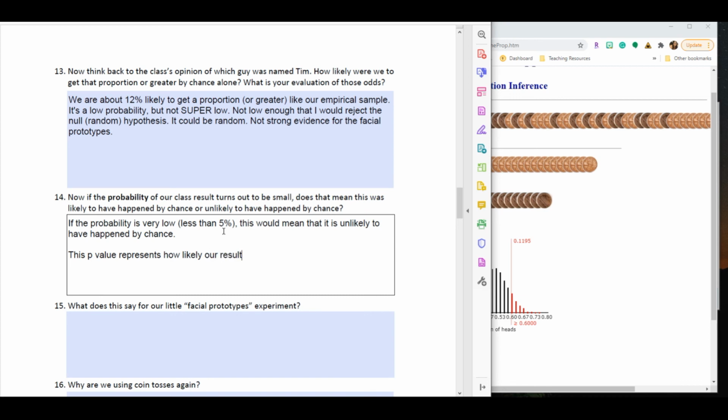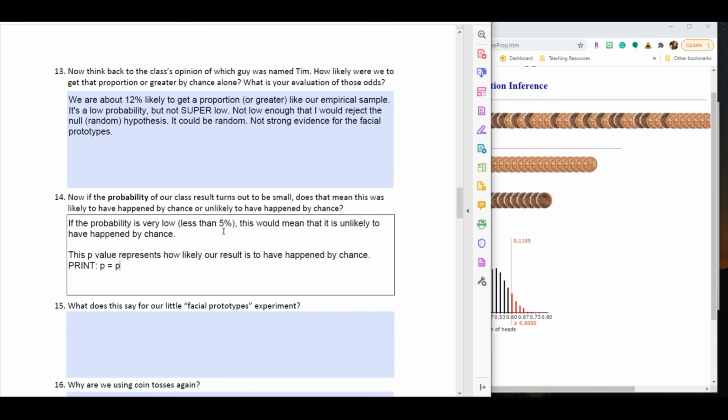It represents how likely our result is to have happened by chance, right? And you may remember before I talked about a PRINT acronym to help you. I made it up myself, so I have to think about it.